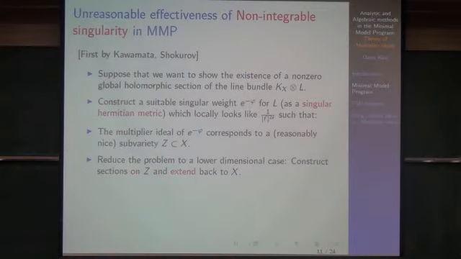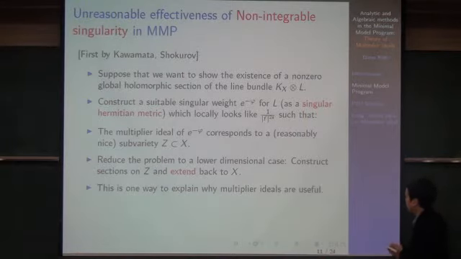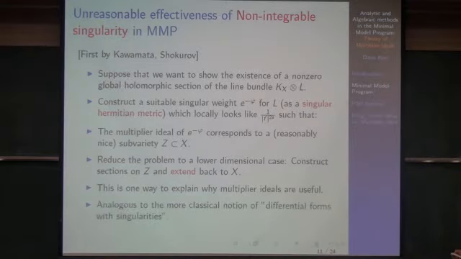You can expect Z to have some sections of the line bundle K times L, and often you can extend these sections from Z back to X so that you obtain those sections you wanted to construct. This is very sketchy, but this is one way to explain why multiplier ideals are useful in algebraic geometry. You could say this is analogous to something like differential forms with singularities.